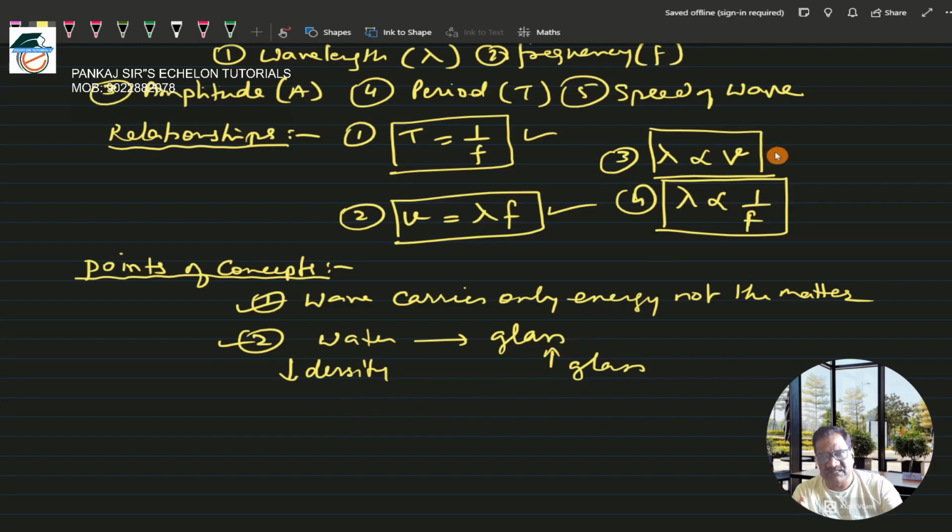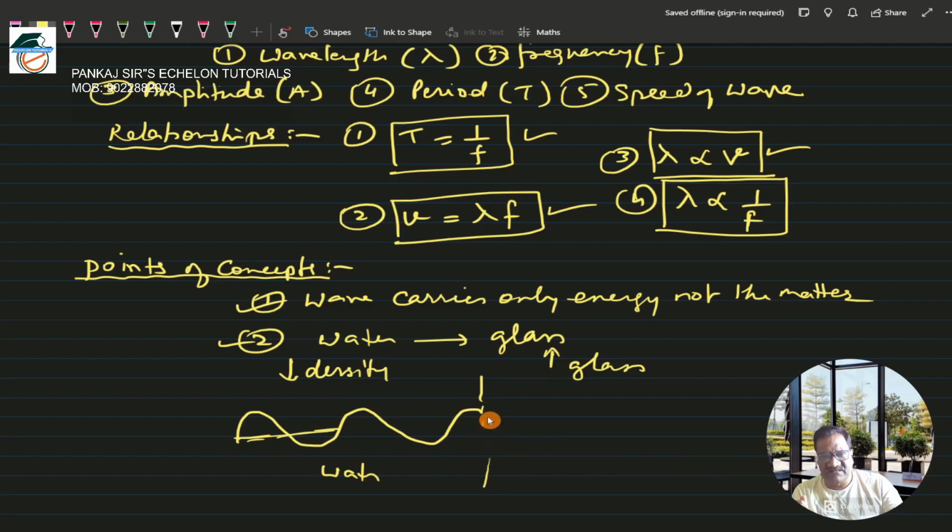Now velocity is directly proportional to lambda. So can I draw the diagram this way? Suppose this is the wave when it was in water. Can you see the wavelength is this much? This is the wavelength.